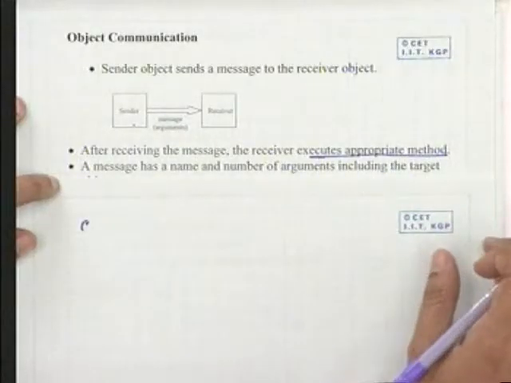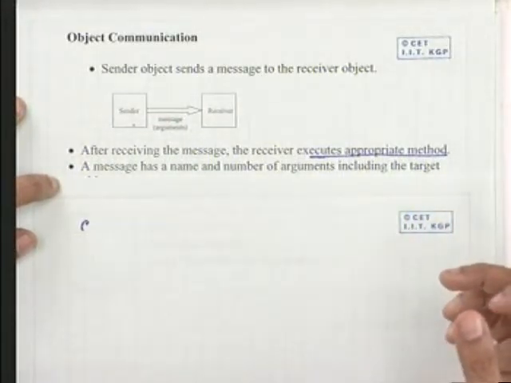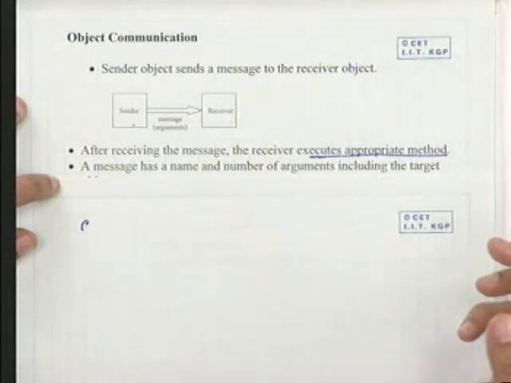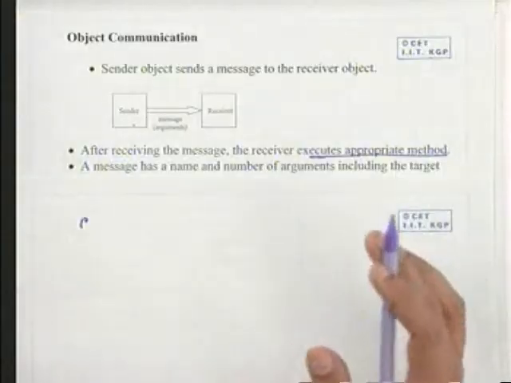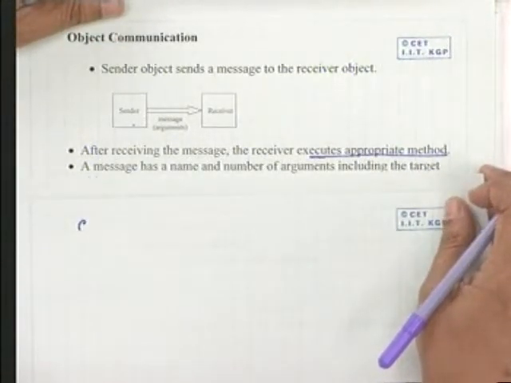We can draw a similarity with our existing programming languages. For instance, when we call a particular procedure, the calling of a procedure in this environment would be like asking another object to perform the operations or the method associated with the called procedure, and the calling program in this case will be treated as something like a sender.